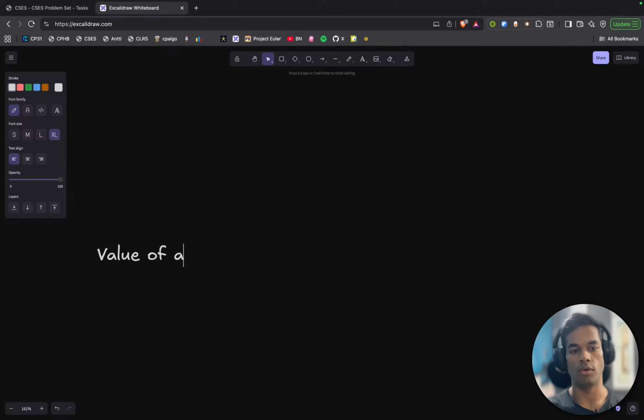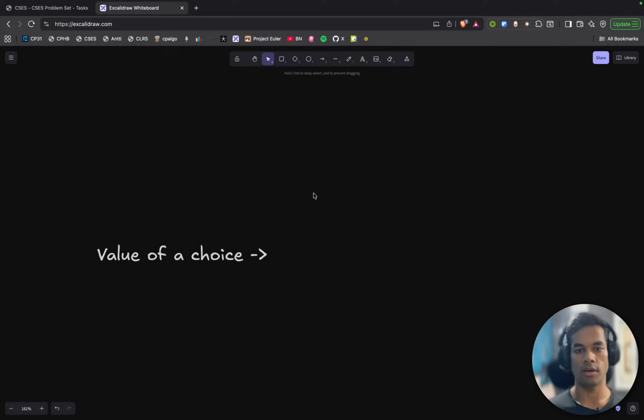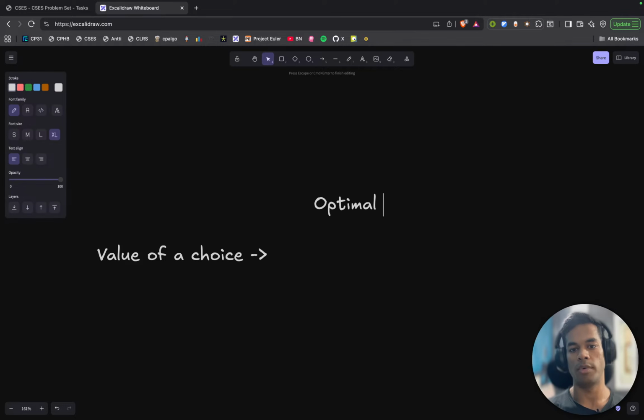So, the value of a choice. The first part is the optimal value for the dependent subproblems.